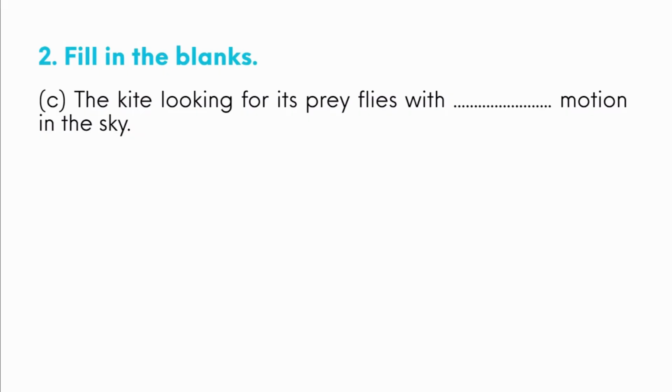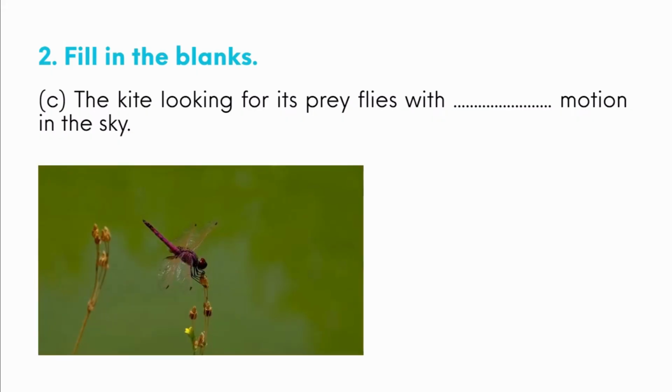Next, the kite looking for its prey flies with dash dash motion. The kite is flying randomly. That's why the motion of the kite looking for its prey is random motion.